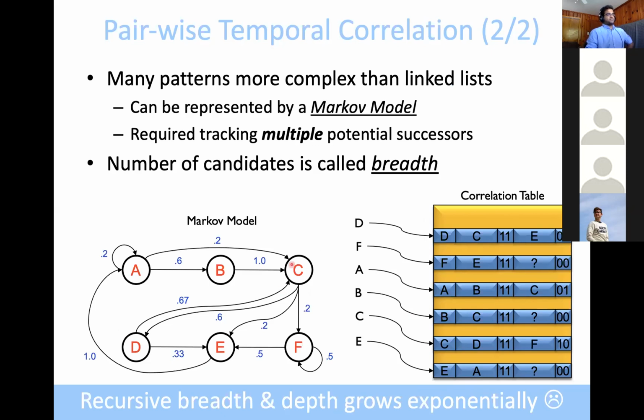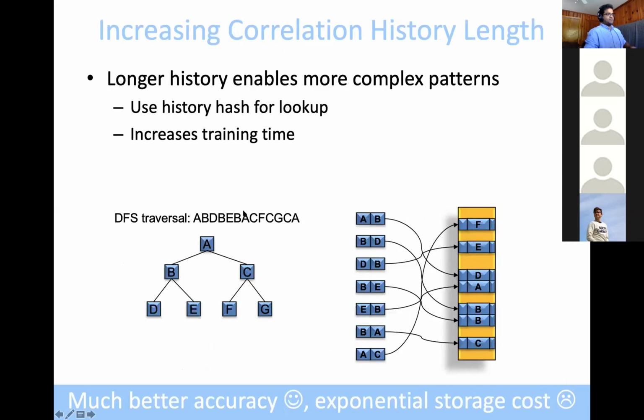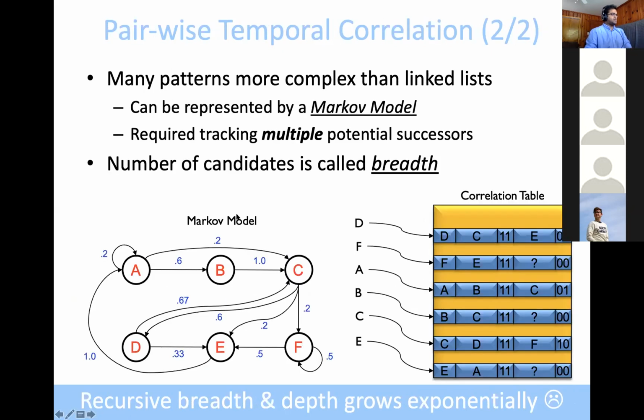non-linked list tree. In fact, for a general pointer-based data structure, you can use a Markov model, right? You can approximate the transition between elements in the tree as a Markov model, which is really just a closed finite state machine.